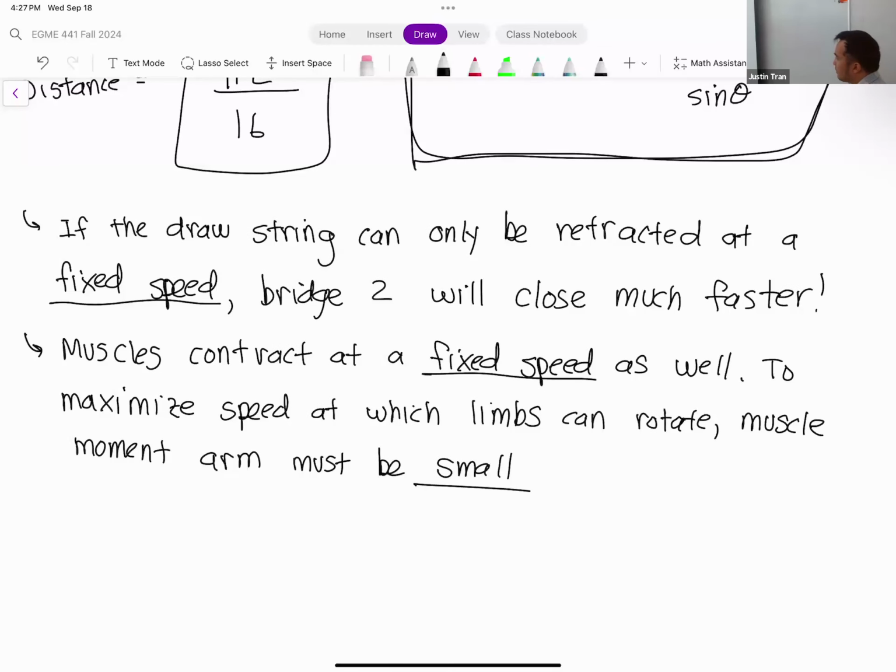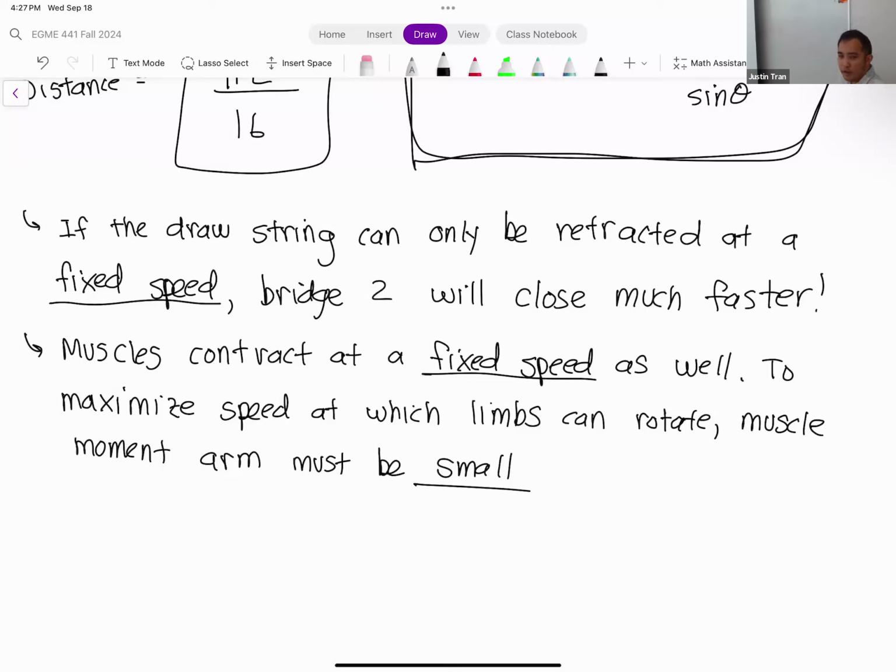And generally speaking, in terms of evolution, having faster moving limbs allows you to run faster, hit things harder, and react faster to things. That's generally more advantageous than minimizing the amount of work.